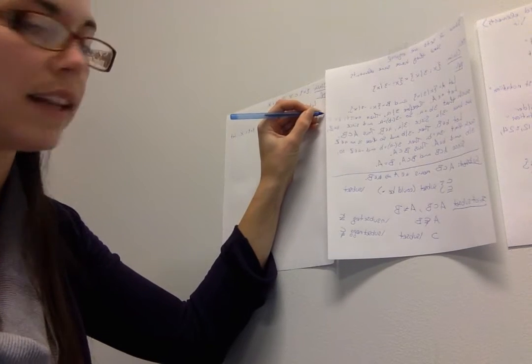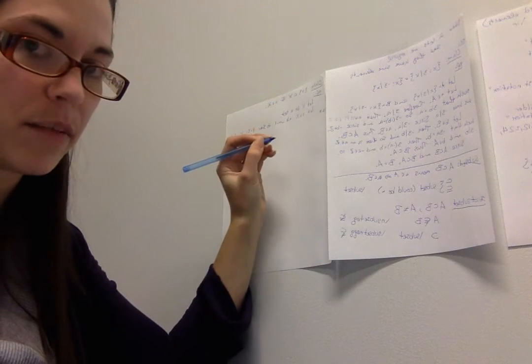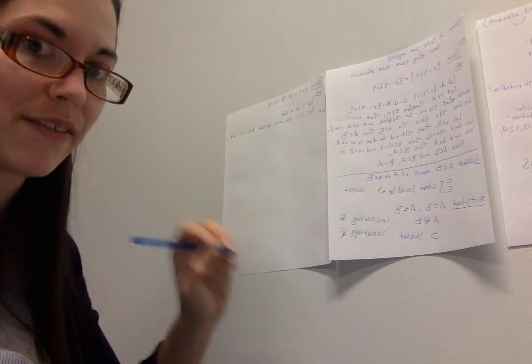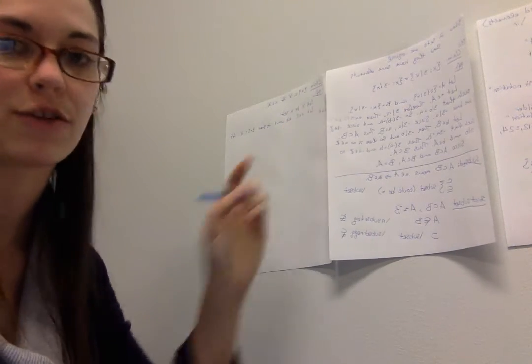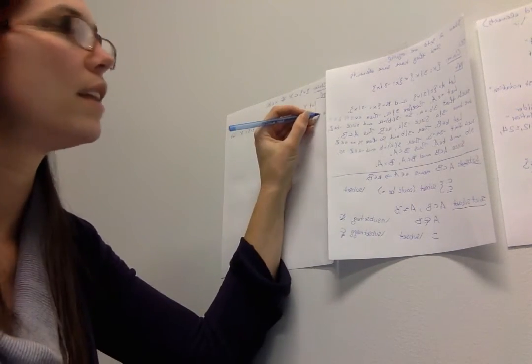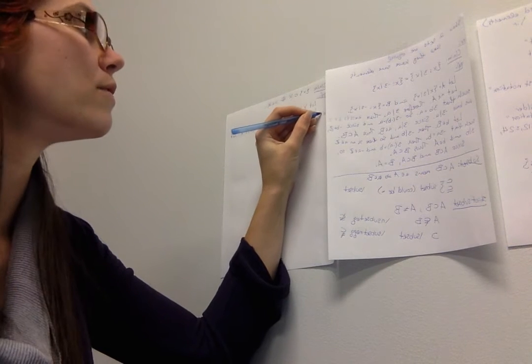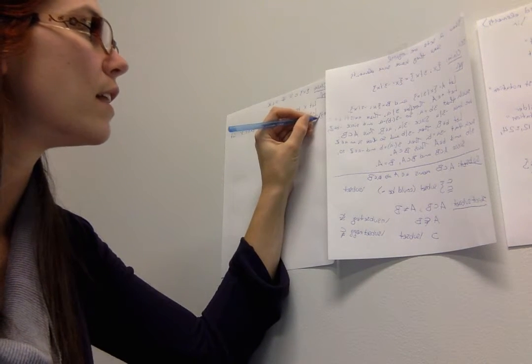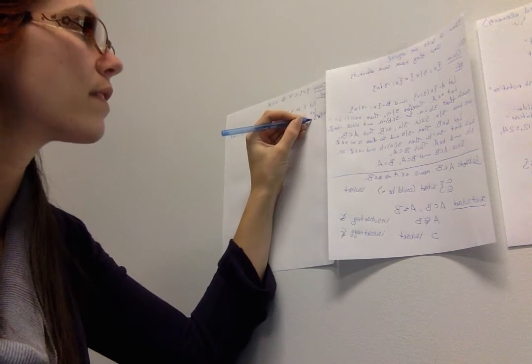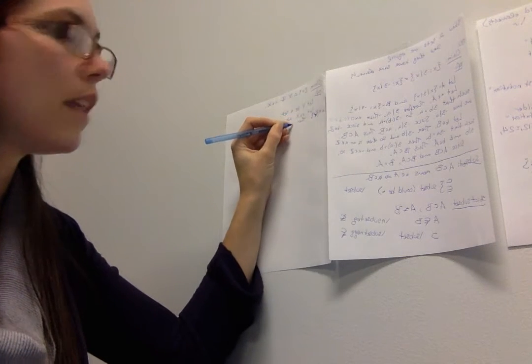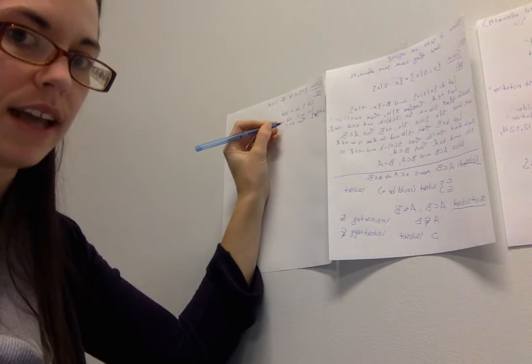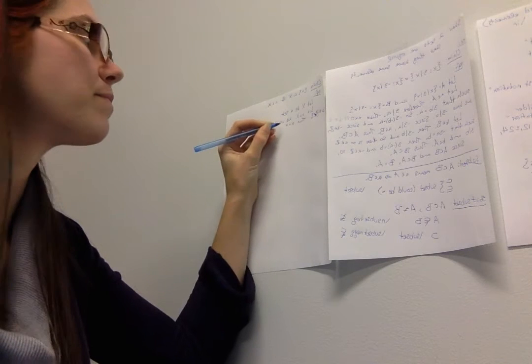Let little a, we can't use little x, it's already been used. Little x is a specific element of big X, we've already fixed it. So let little a be an element of the set containing little x. Then little a is equal to little x, by definition of that set.